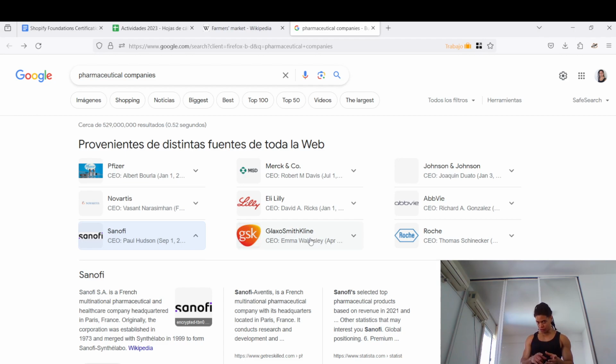For pharmaceutical companies, healthcare, or some financial service, Shopify, of course, is not a good fit for them because they have strict compliance, data management, and risk management. So actually Shopify is not a good fit for those.